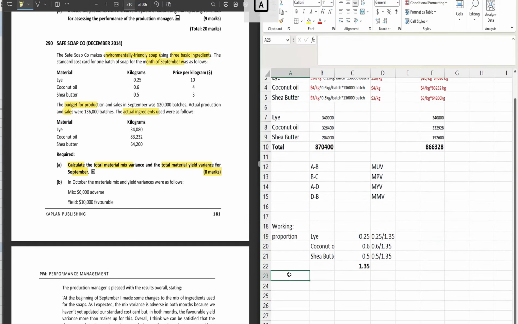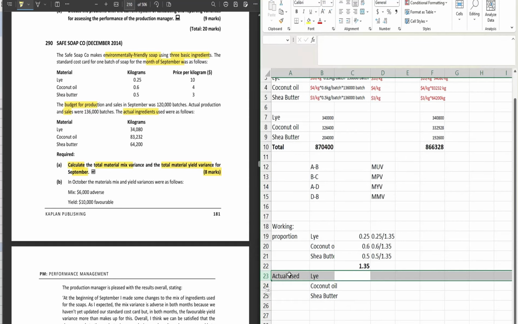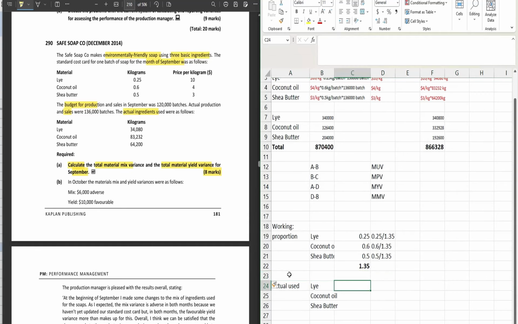Actual used is actual used. Actual use of ghee is 34,080 and 83,232, then 64,200. So if we total all these, the actual use in kg is this much.